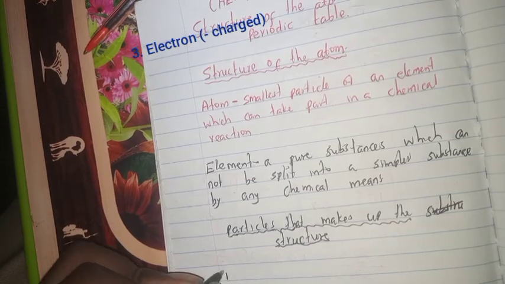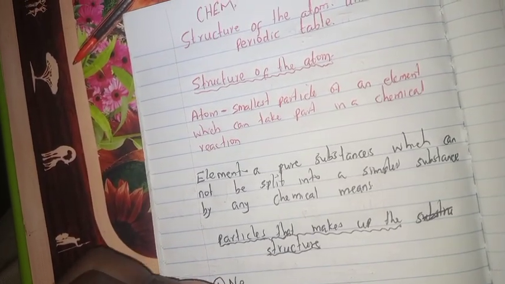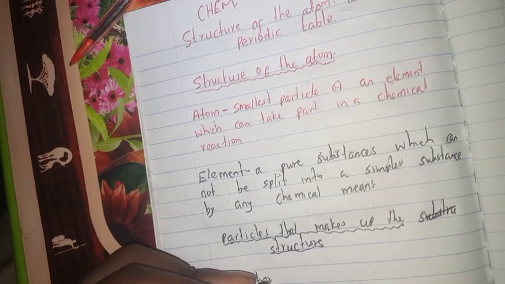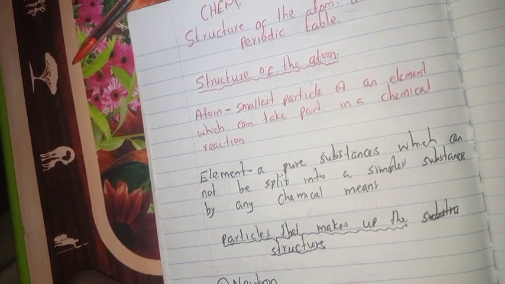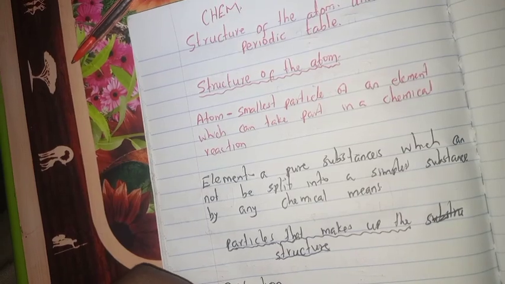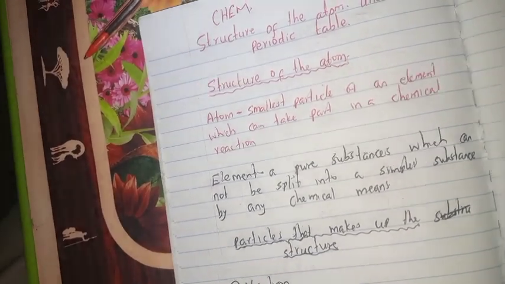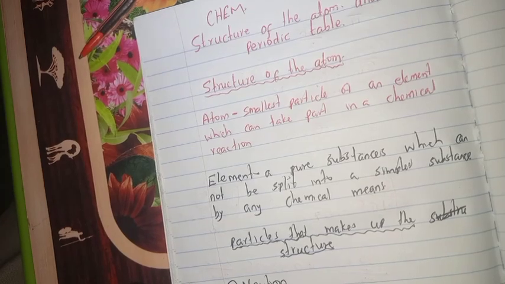Number one is called a neutron. Number two is called an electron, and number three is called a proton.